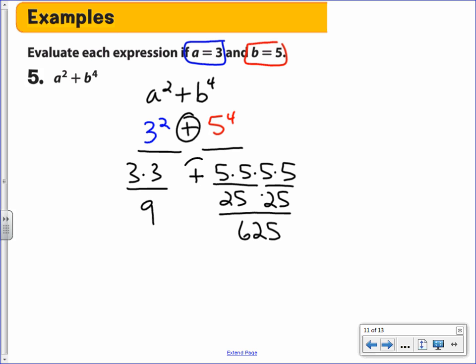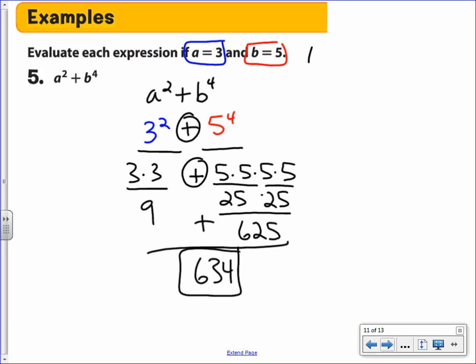It says to add these two numbers together, so when I add them together, I get 634. So when I evaluate, I get 634. There's my answer.